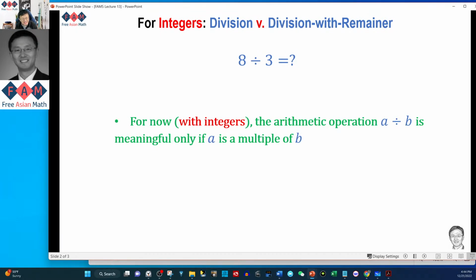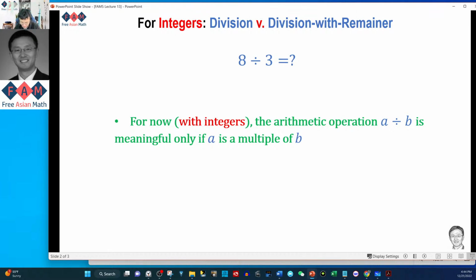This operation is meaningful only if a, which we call the dividend here, is a multiple of b, which we call the divisor. So before we can even make sense of this operation, we need to make sure that a is a multiple of b.